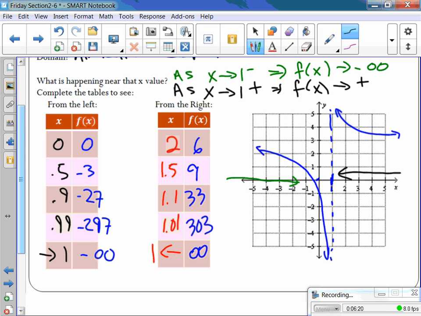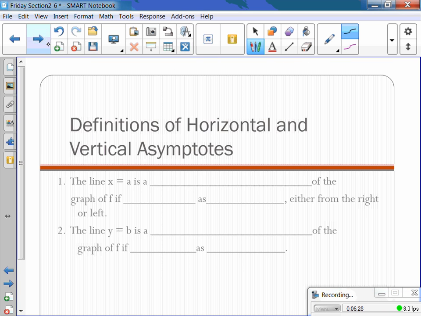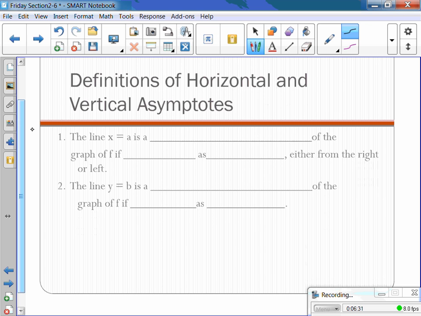And this is pretty much how we define what a vertical asymptote is. Basic definition of a vertical asymptote: the line x equals a is a vertical asymptote of the graph of f if f of x approaches either positive or negative infinity as x approaches a.